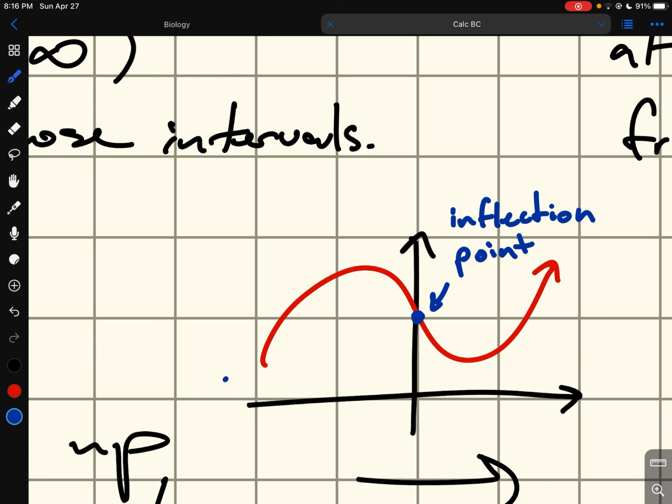So it's the same for all estimates with a concave down shape. So if I was like here and I wanted to estimate right here, that's the actual slope. So my slope is steeper, so it's an overestimate, you know?